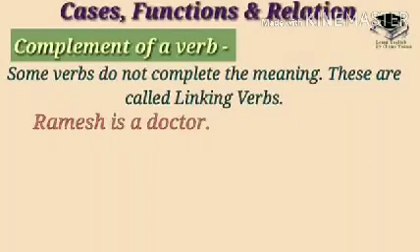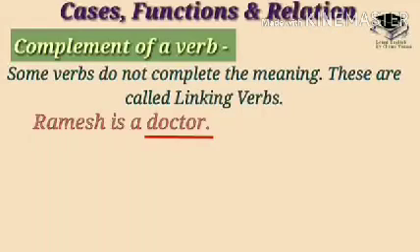Ramesh is a doctor. So in Ramesh is, we cannot complete the meaning of this sentence without a doctor. Ramesh is a linking verb, and we use a doctor to complete the meaning of the sentence.